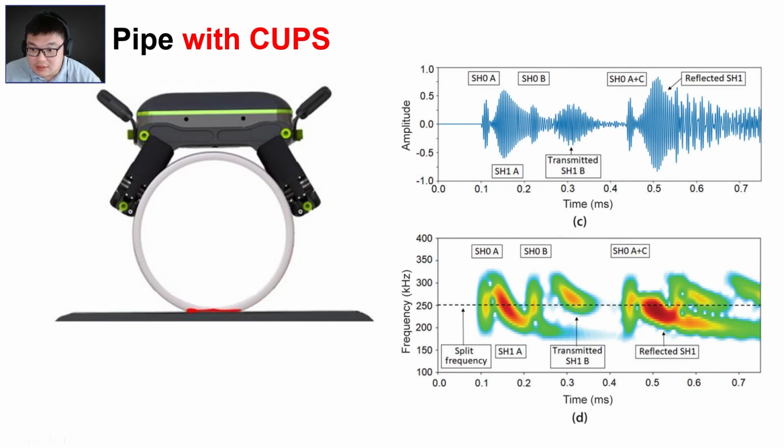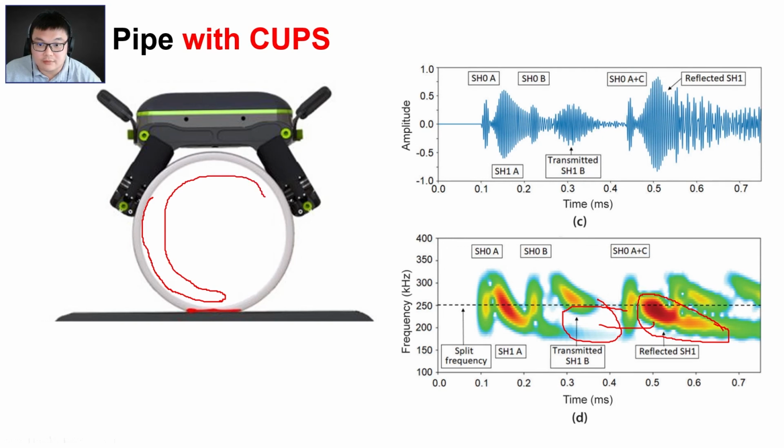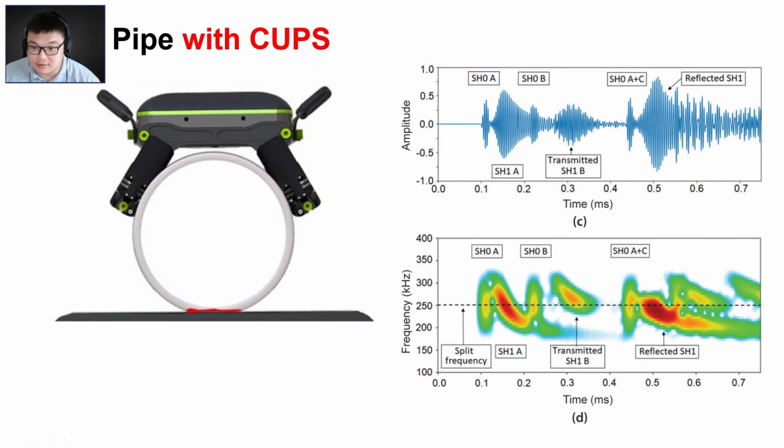In the reflected SH1, we can see that the lower frequency components have come back as a reflection. The B path comes here, and the lower frequency gets pushed back in the A direction. That is what we see. Let me summarize again.